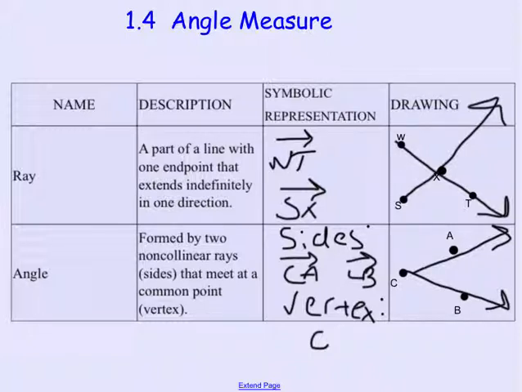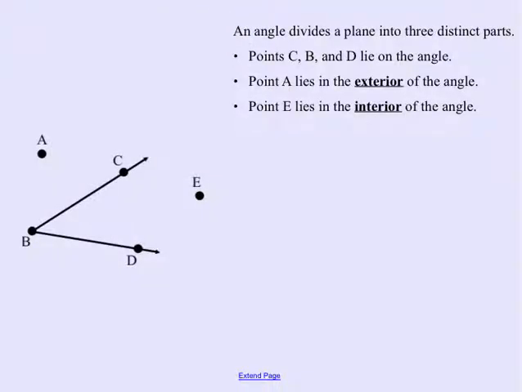Now let's look at some more things we need to know for angles. The angle divides the plane into three distinct parts. Points C, B, and D lie on the angle, so you notice that C, B, and D are directly on the angle. Then point A lies in the exterior of the angle, on the outside.